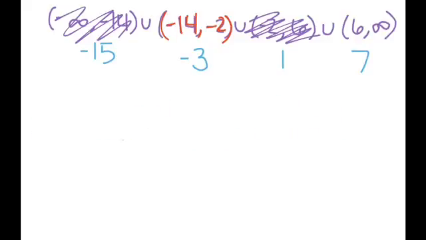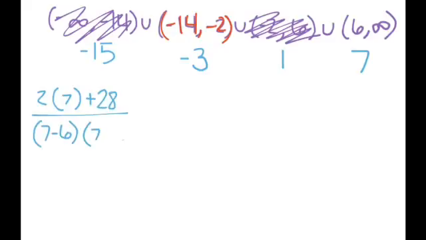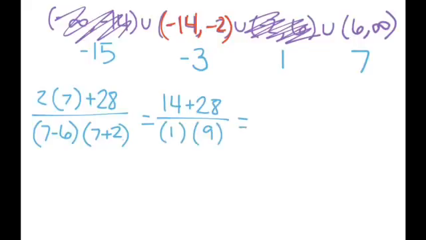And then 7, so we'd plug in 7 for x. Which would give us 14 plus 28 over 1 times 9. So that would be 42 over 9, which is a positive number. So this interval does work.